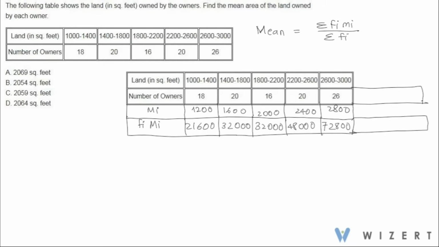So the total will be, let's see, 216 plus 320 is going to be 536. So 536 plus 320 is 3 plus 2 is 5 and 5 plus 3 is 8, so 856. 856 plus 480 is 8 plus 5 is 13 and 8 plus 5 is 13, so we have 1336.